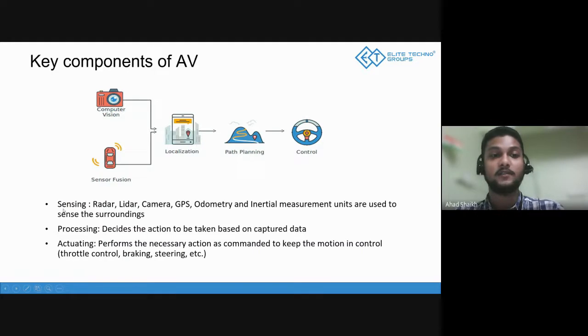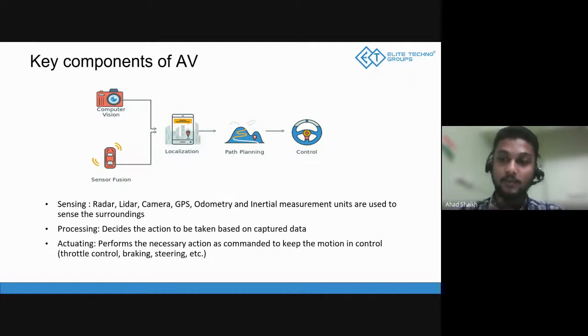So let's see, the first thing is sensing. Sensing is done with the help of various sensing devices like radar, lidar sensors, and cameras for image capturing. Then GPS has to be fed in so that the vehicle knows where exactly it has to go and what path it has to follow.